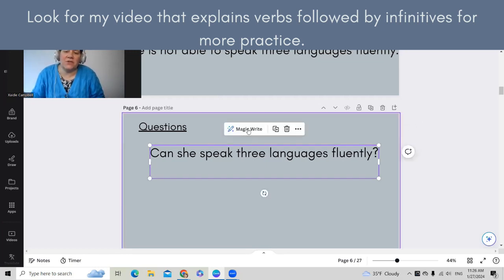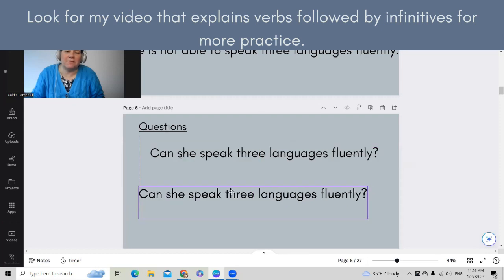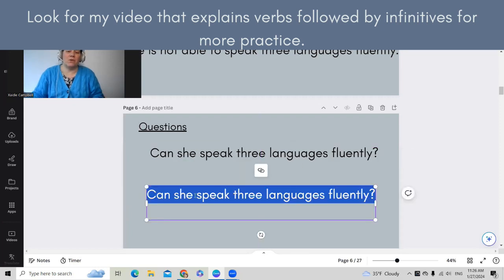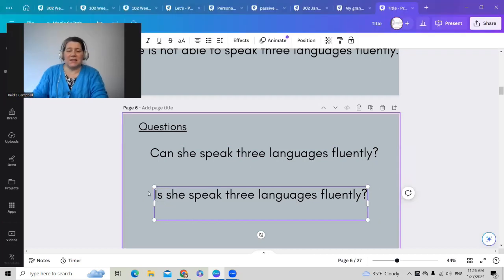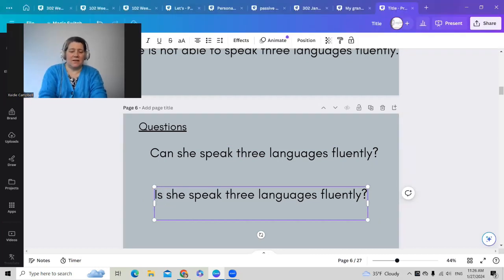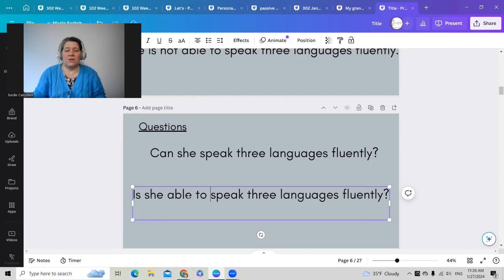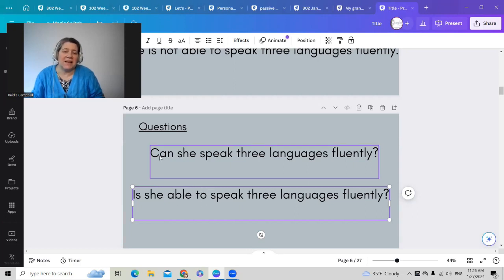And if I were to use the verb plus infinitive form rather than the modal form, I would have the is here. Is she able to speak 3 languages fluently? So this is called the infinitive form here, this to speak. This is the can, this is the modal, okay?